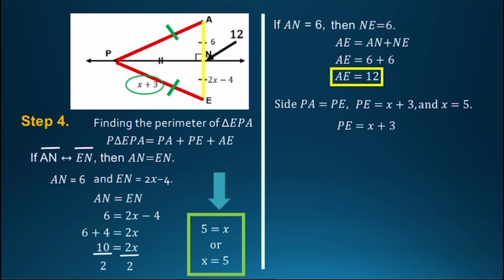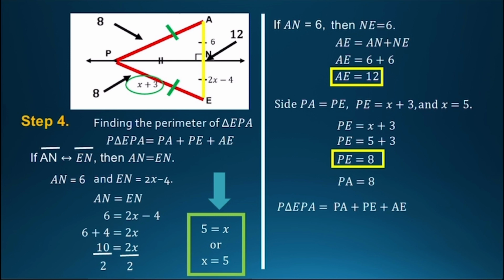So it will become now PE is equal to 5 plus 3. So therefore, our line segment PE is equal to 8. Since PE is equal to PA, the value of PA also is 8.